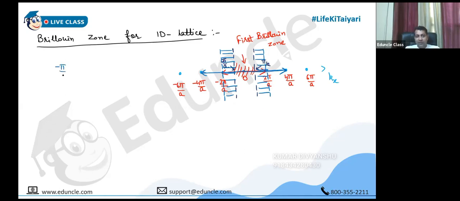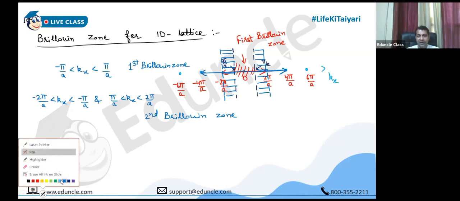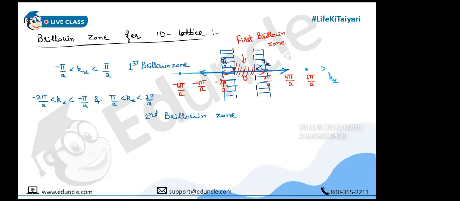It means this region is the first Brillouin zone part. And minus 2 pi by a to minus pi by a and pi by a to 2 pi by a is the second Brillouin zone. Am I right?